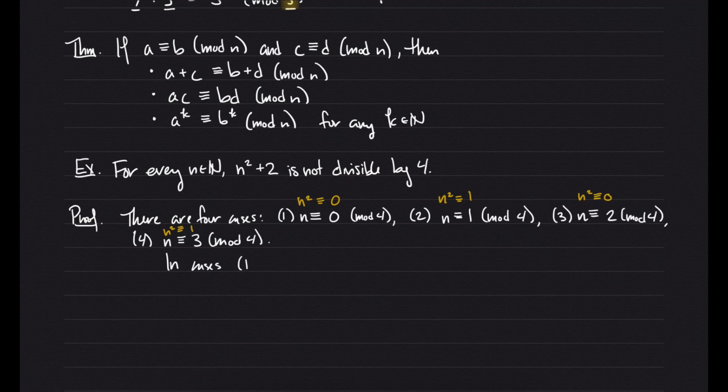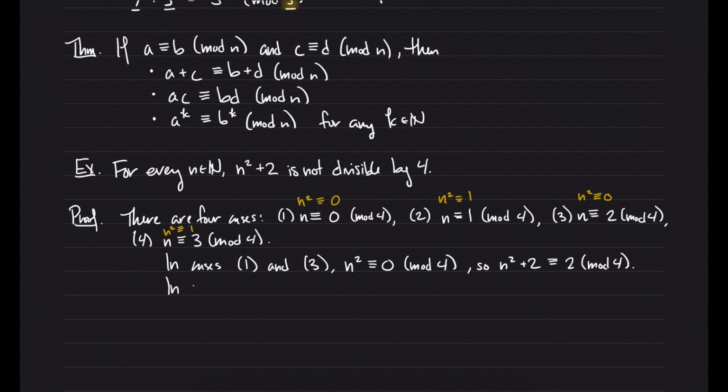In cases 1 and 3, we have that n squared is congruent to 0 mod 4, so n squared plus 2 is congruent to 2 mod 4. And in cases 2 and 4, n squared is congruent to 1 mod 4, so n squared plus 2 is congruent to 3 mod 4.